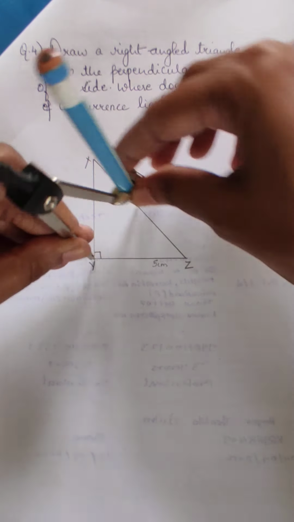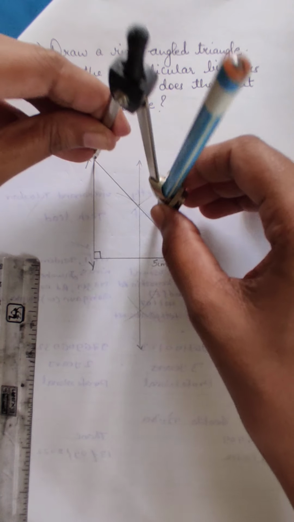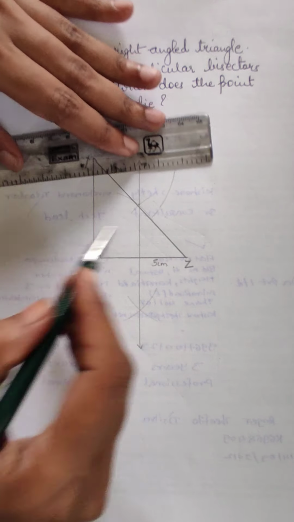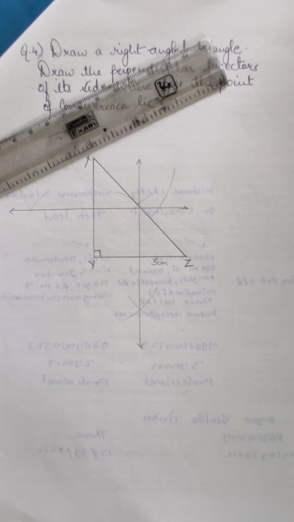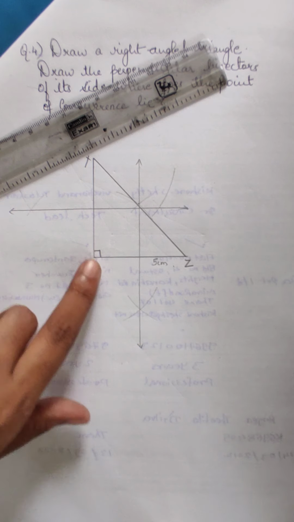I make the arcs on either side. Then I will draw a line from this point and this point. Now side XZ is left, so I will draw the perpendicular bisector for XZ by taking more than half. Again making appropriate arcs. So I will again draw a line.